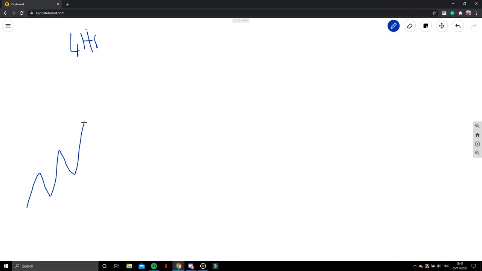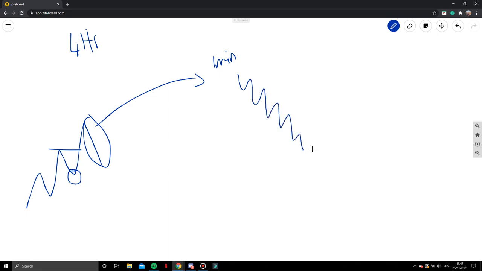So say this is the 4 hour, right? This is where price is at the moment. We've had a clear breaker structure and we're doing this. Now this is the 4 hour. Now if we just look at this bit, and we're looking at the minute, we are seeing breaker structure and a downtrend, right?